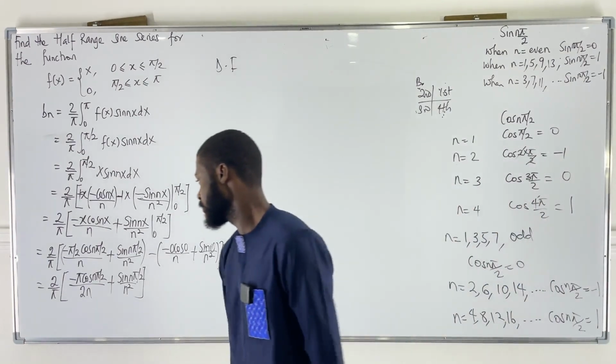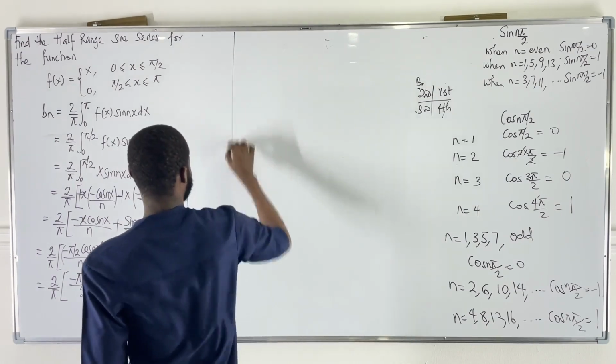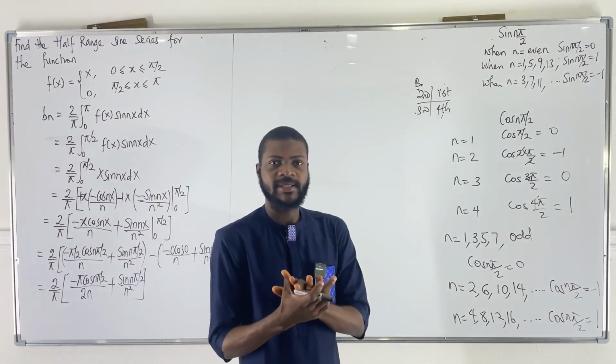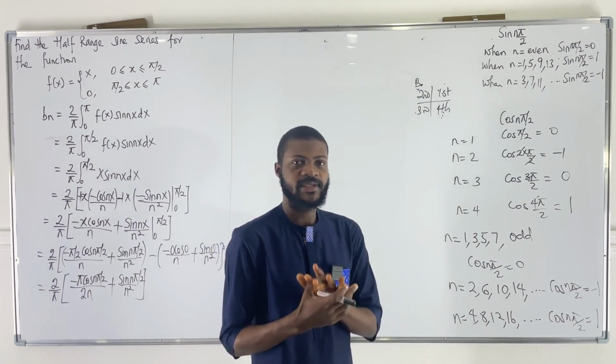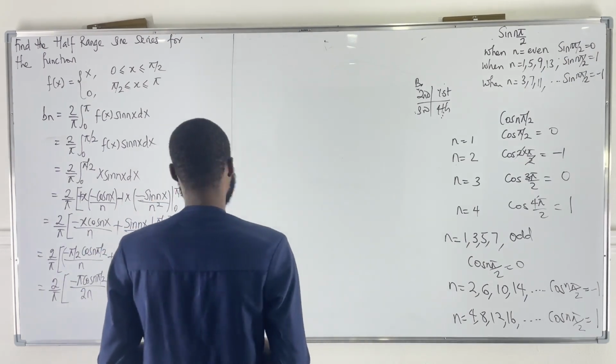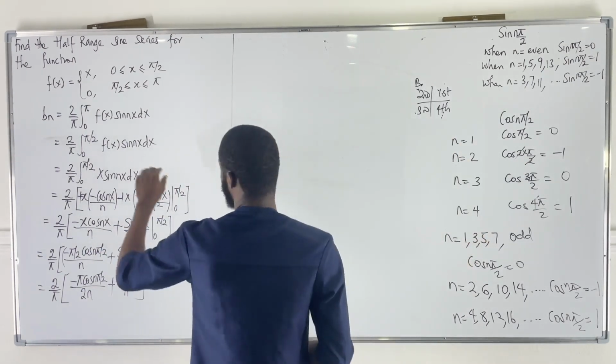Now let's come back to this question. This is tedious. When we are done with all of this, we're going to be collating our answers. So we're going to see how we can use all of these answers to get values for our b.